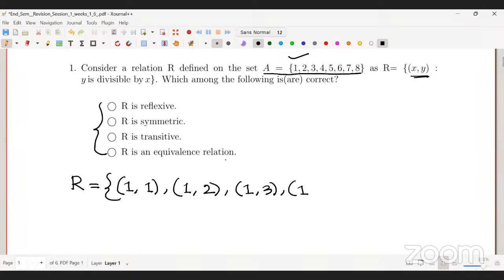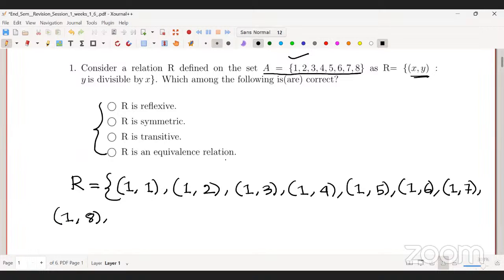So 1, 1, 1, 2, 1, 3, 1, 4, 1, 5, 1, 6, 1, 7, 1, 8. These are the pairs that start with 1.